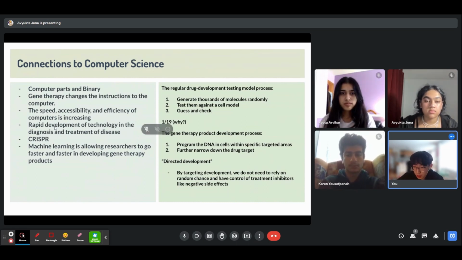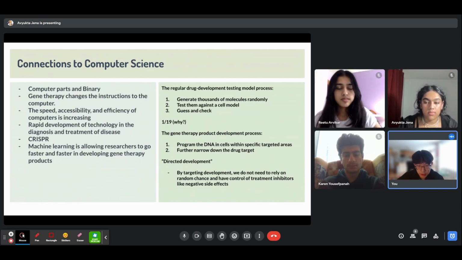And we can use that rapid development in the treatment and diagnosis of disease. We've seen computer science in treatment processes like CRISPR, and machine learning can further allow researchers to develop gene therapy products.